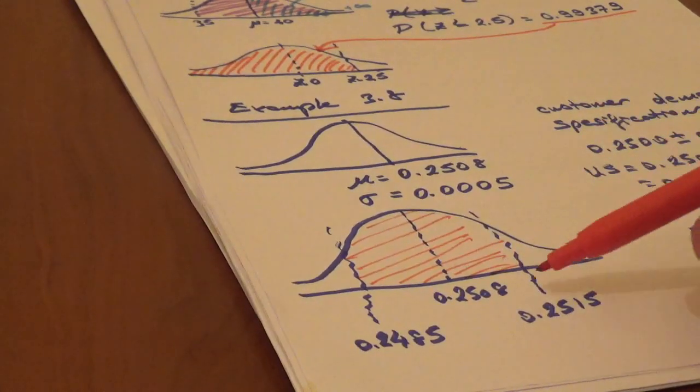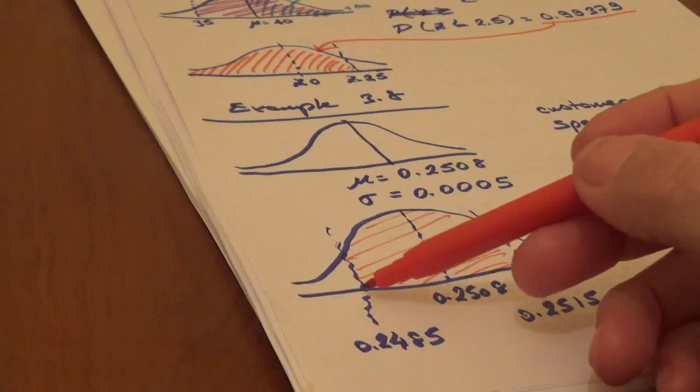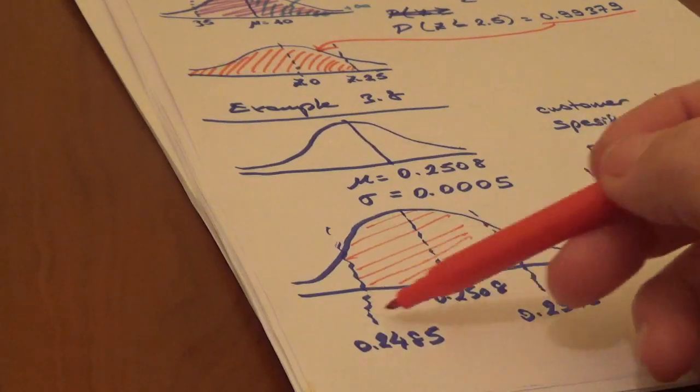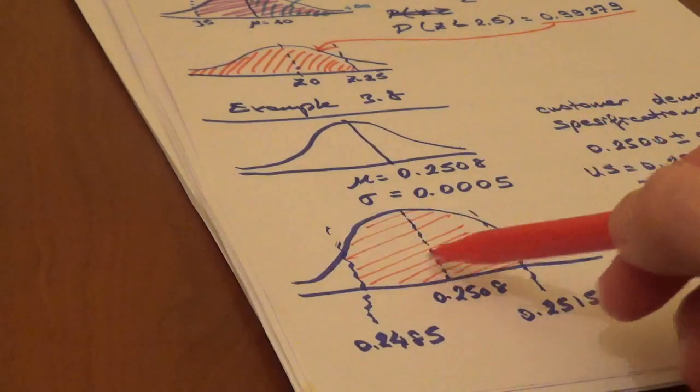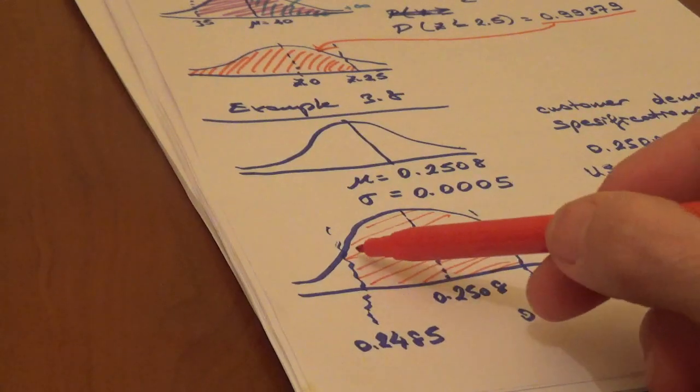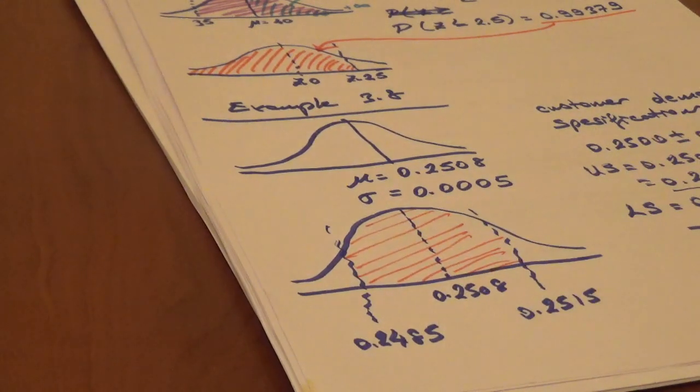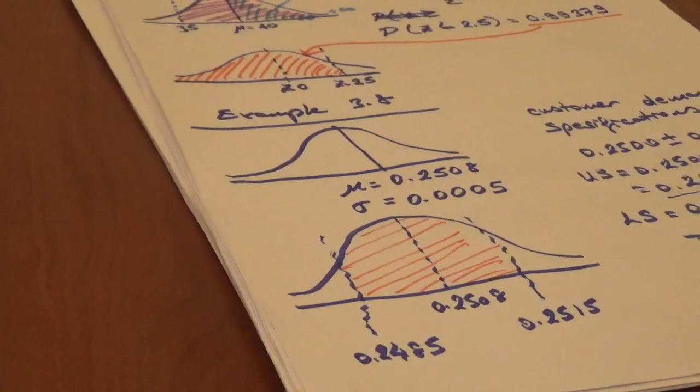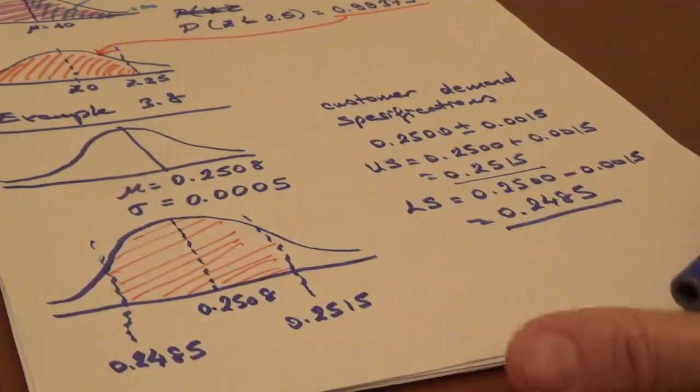For this, we need to find two z values and then try to find the area between the specification limits. What was our formula to find z?